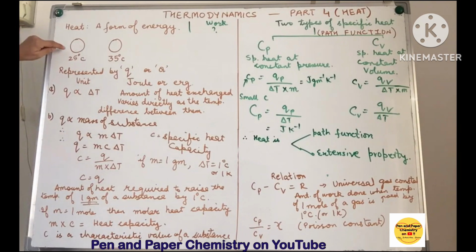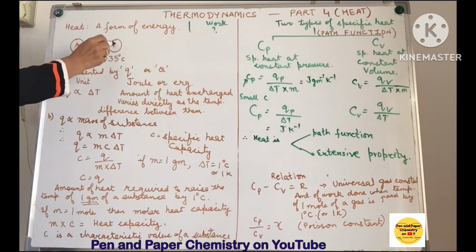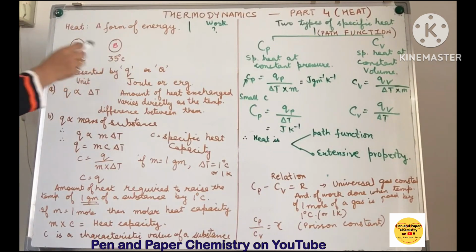Heat is a form of energy which tends to flow from one body to the other when there is a temperature difference between them. So, for example, we have two objects here, A and B. One is at a temperature of 25 degrees Celsius, the other is at 35 degrees Celsius. If the two are connected by a conducting wire, we notice that heat flows from B to A till an equilibrium is established.